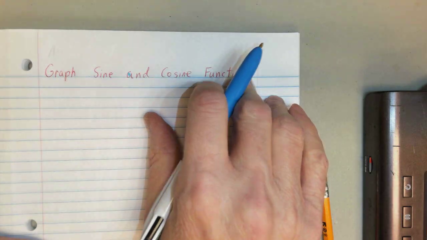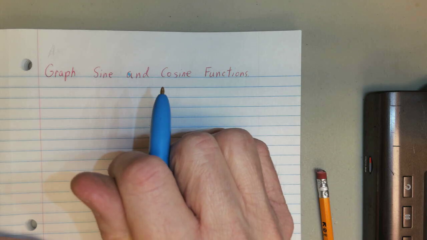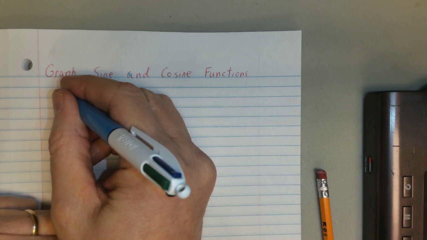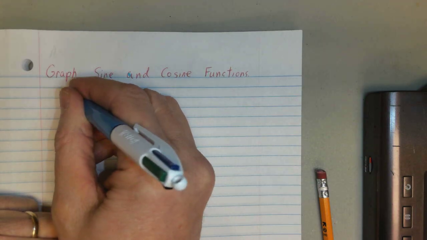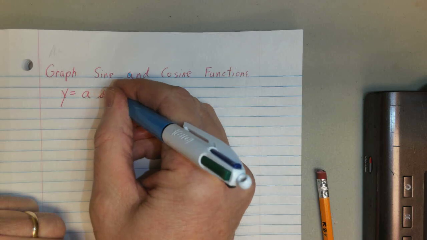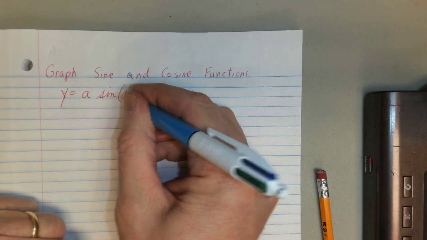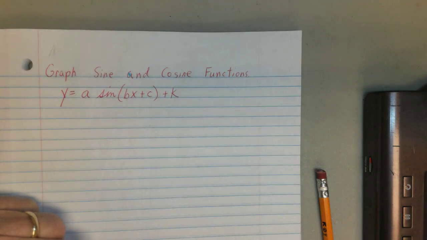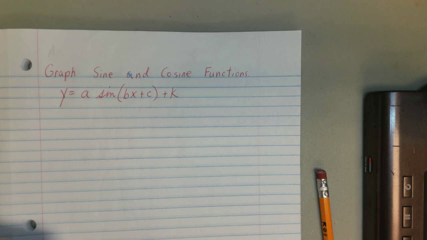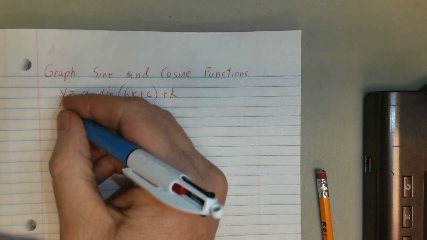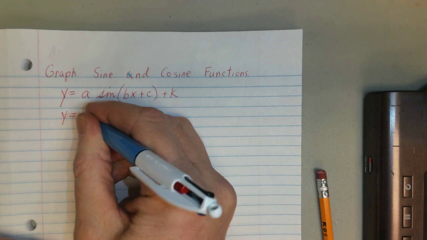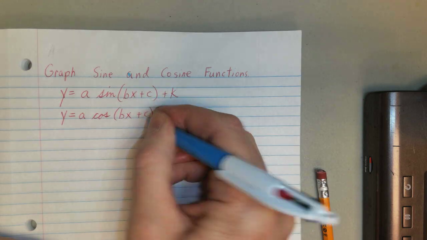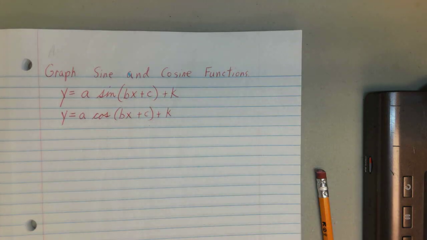If you're seeing this, I'm presuming it's Friday here. This is the plan. The functions that we're going to be dealing with are y equals a times sine of bx plus c plus k, and we'll do the same thing except with cosine. Those will be our parent functions.